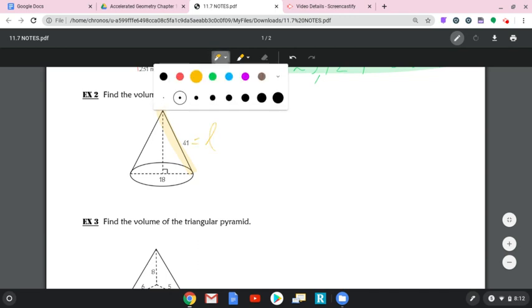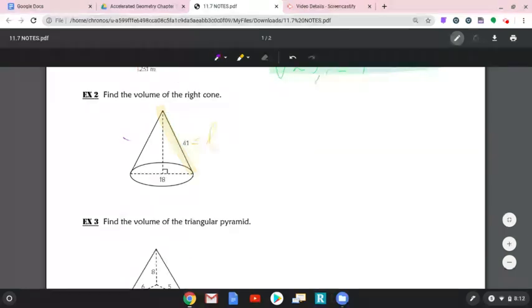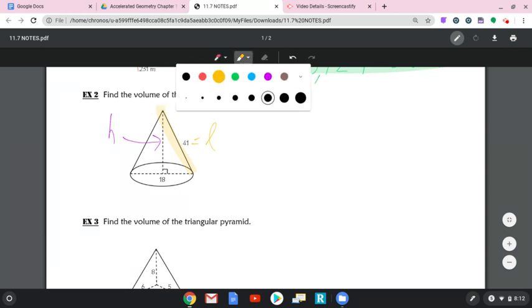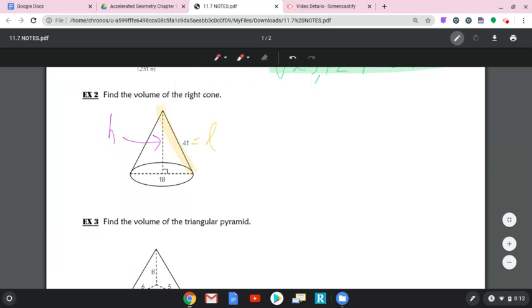Now I need to find my actual height. My actual height will be the segment that goes from the vertex that is perpendicular to the plane containing the base. So in this case, there's my height. Now, my radius in this case is half that diameter that they gave me. So that radius will be 9.